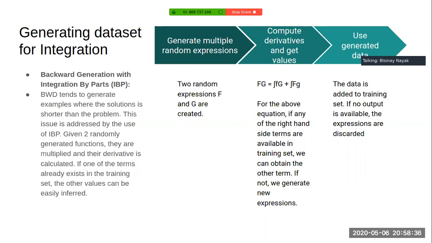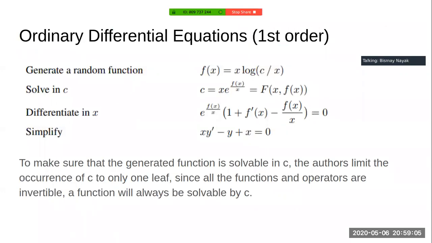That way they are able to calculate the problem from the solution. If they are able to find one of these terms in the training set, then they add it to the examples. Otherwise they discard it and start off with a new generated expression. So I think that's it for ordinary integrations.